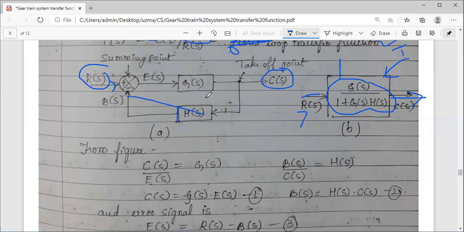For this particular block, input is not R, input is E. So E of S, C of S by E of S, output by input, C by E is your open loop gain, G of S.